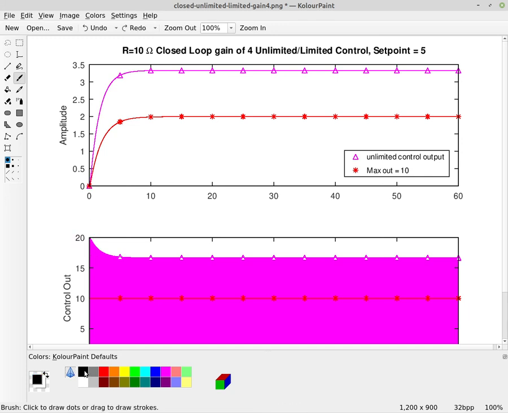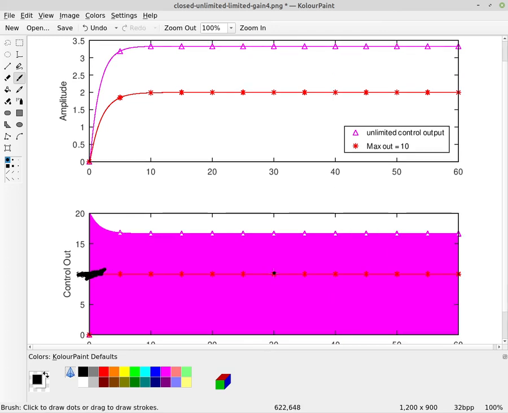The controller is only going to be able to go up to a maximum of 10. So what happens then is that the control goes up to 10 and just sits there, which means that you aren't controlling the response very well.